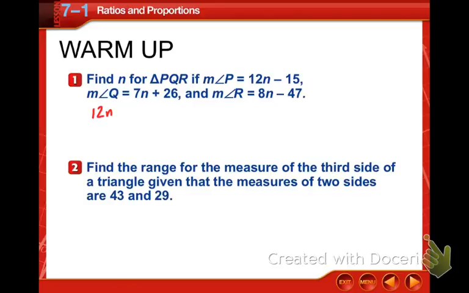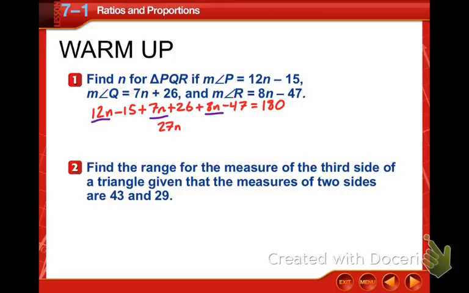So 12n minus 15 plus 7n plus 26 plus 8n minus 47 equal to 180. So let's combine like terms. We have a 12n, a 7n, and an 8n. 12n plus 7n is 19n plus 8n is 27n.